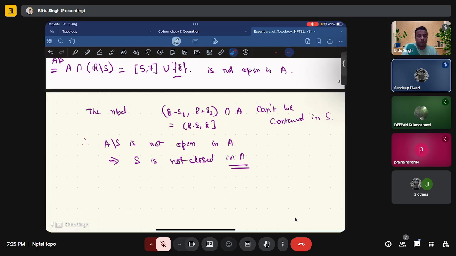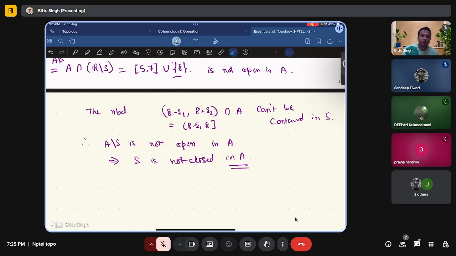Okay, sir. So instead of checking with any arbitrary neighborhood, it is enough to check with a basis element. Because we know that any open set contains a basis element, by definition of the topology generated by a basis. Take a point in an open set, there always exists some basis element which contains that point and is contained in the open set. Yes, sir.